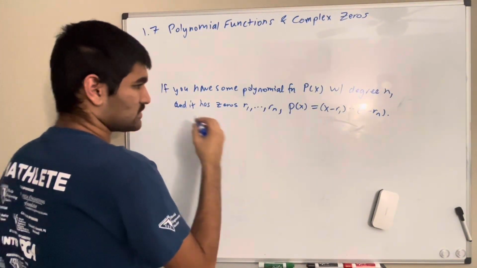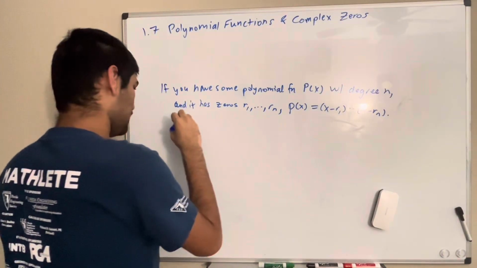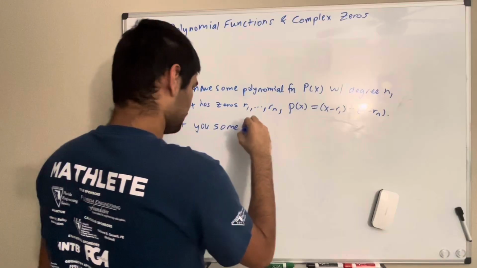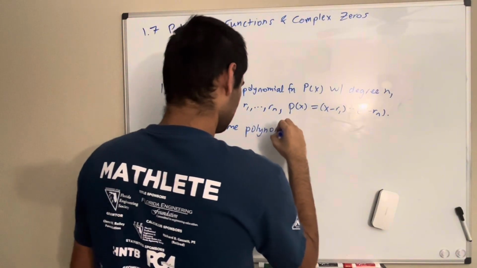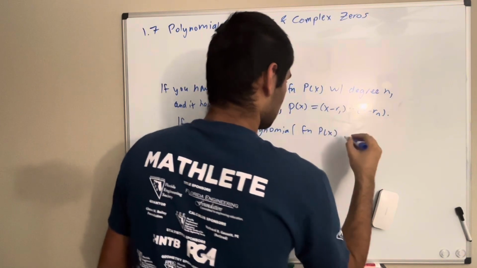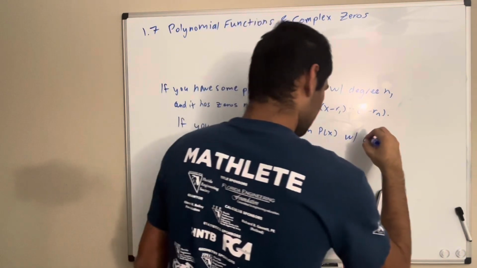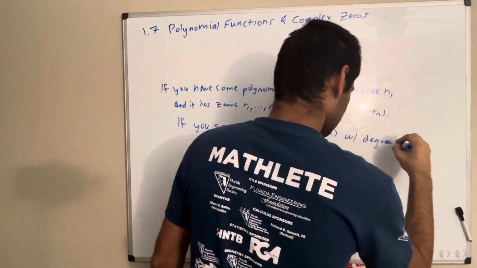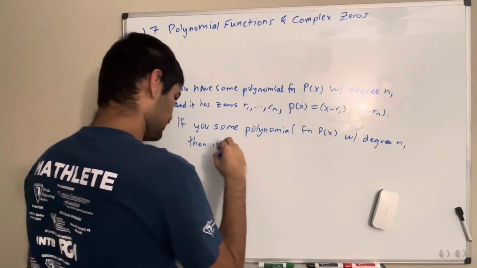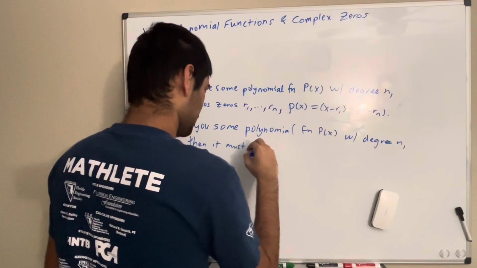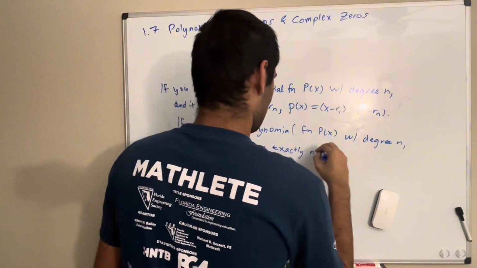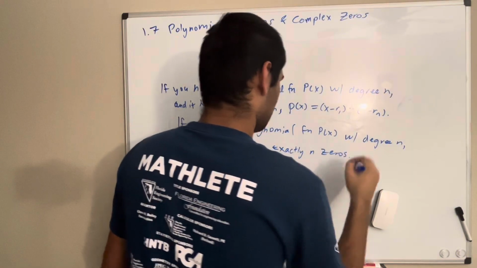So it's basically like if you have some polynomial function p of x with degree n, then it must have exactly n zeros, right?